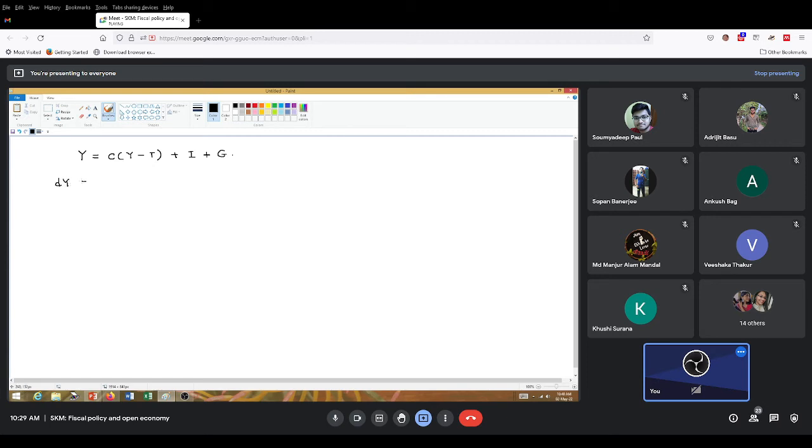So dY is equal to C into dY minus dT, plus dG. So you have C into dY, minus C into dT, plus dG. So what is dY by dG equal to?